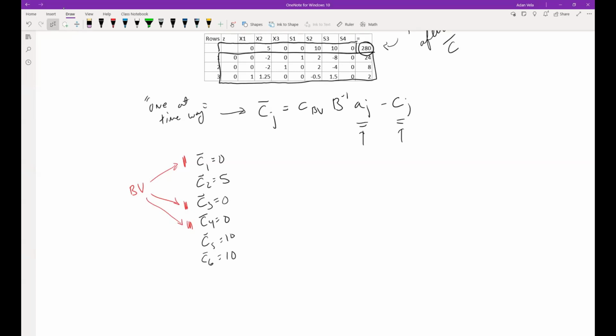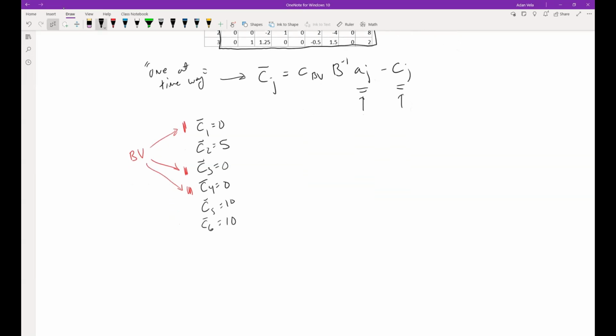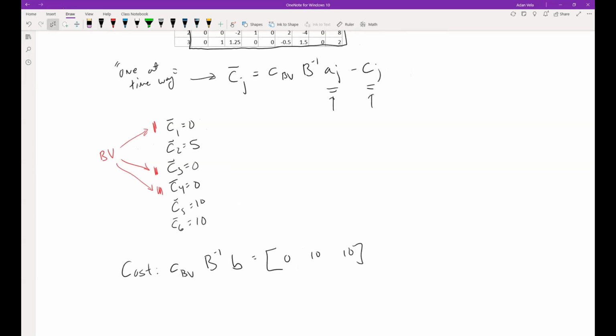Well, so we're going to do CBV B inverse times B. Okay, so I'm just going to go, we could certainly write this out. So it'd be 0, 10, 10. Oh, not 0, 10, 10. Sorry.